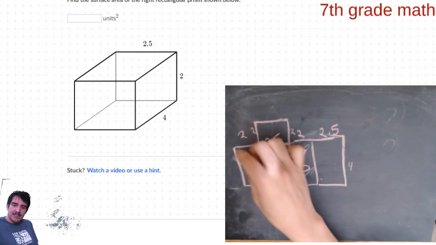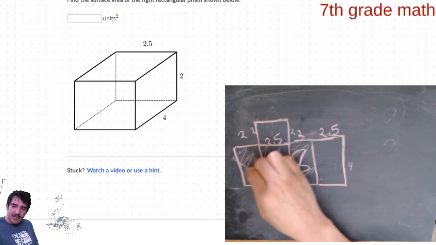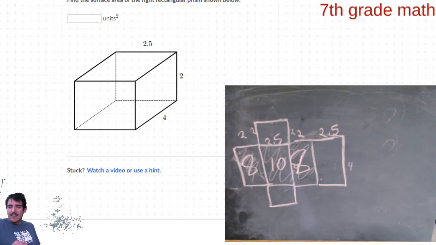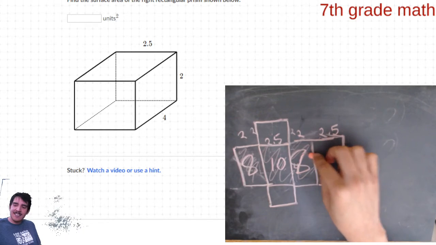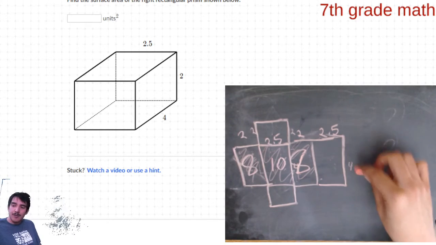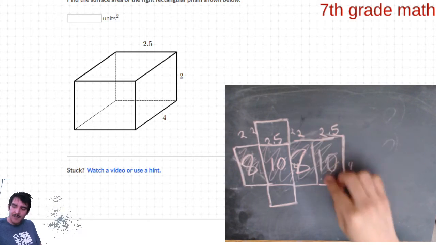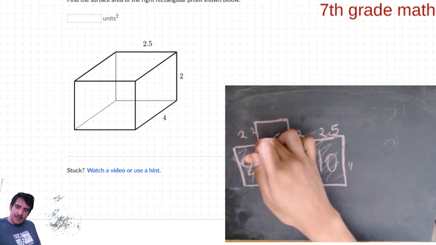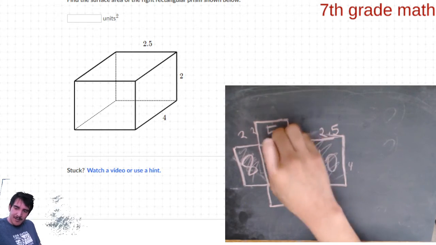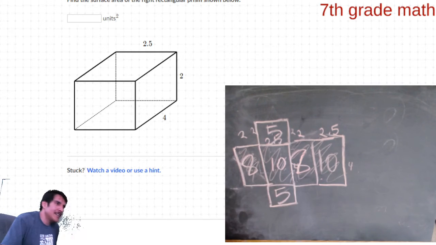This one is also a 2 by 4 rectangle, so this one is also 8. So this is the bottom side, this is the side, this is the top side. So 4 times 2.5, that's going to be 10 again, just like the bottom side. And then let's do these sides. 2 times 2.5, these are the 5s, right? 5 and 5.